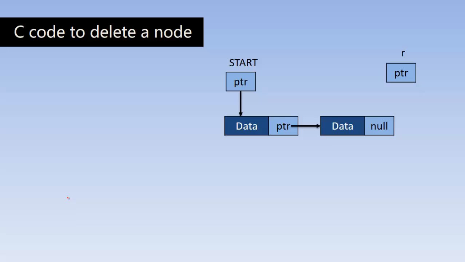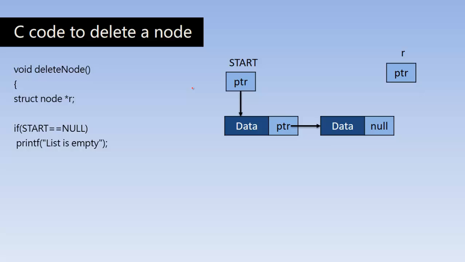Okay. Now see the C code to delete a node. Obviously we will create a temporary node here. R is the temporary node. If start equals null, there is no node in the list: list is empty, you can't delete a node. Else R equals start.